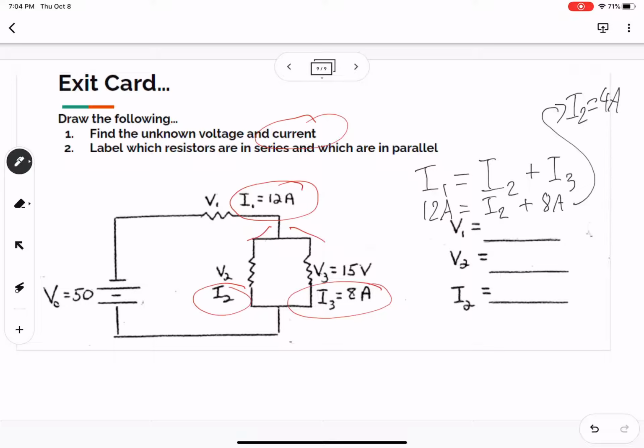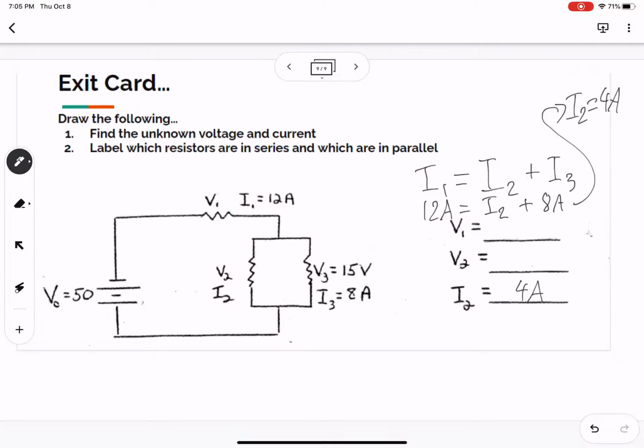That way 4 plus 8 amps in those two pathways will equal the 12 amps we had originally. So we're done with the current, and we can erase that now.